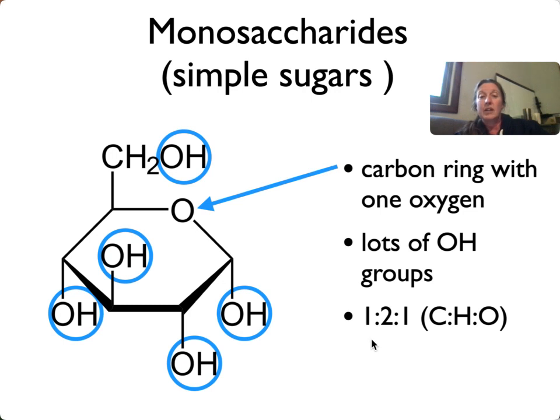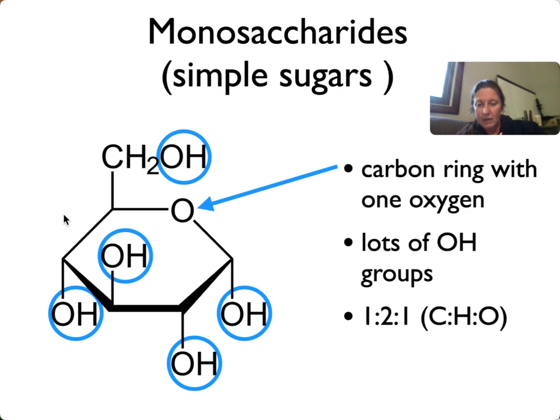So in glucose there are 6 carbons, right? 1, 2, 3, 4, 5, 6. There are 12 hydrogens. 1, 2, 3, 4, 5, 6, 7, and the other hydrogens are not drawn here because we tend to ignore them. So this would be 8, 9, 10, and 11.